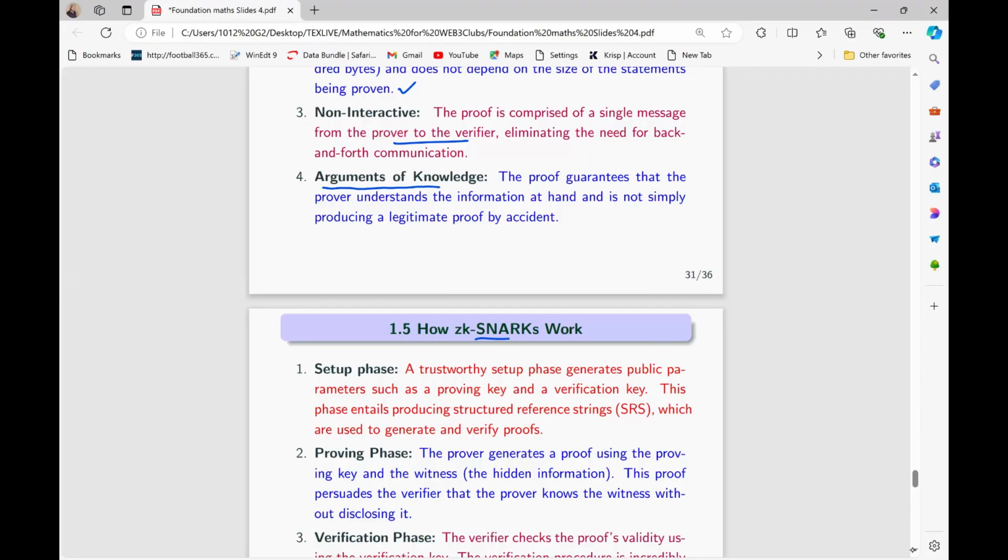The first step, how it works, is the setup phase. And the setup phase is a trustworthy setup phase which generates public parameters such as a proving key and a verification key. Remember that we said these keys are first of all generated before the transaction. So this first phase is where they generate these keys.